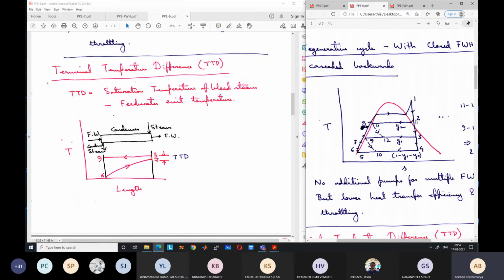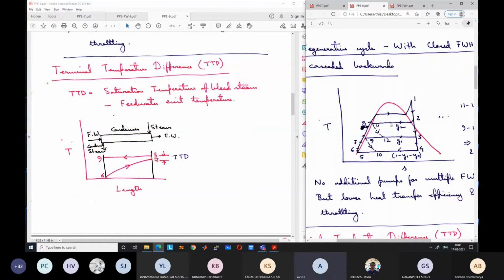So what will be the terminal temperature difference for this upper feed water heater? Can you say what the terminal temperature difference TTD is in terms of temperature values? Definition is open on the left hand side.